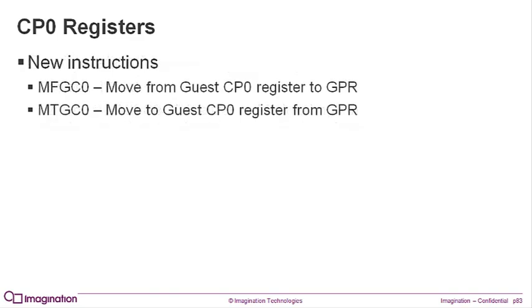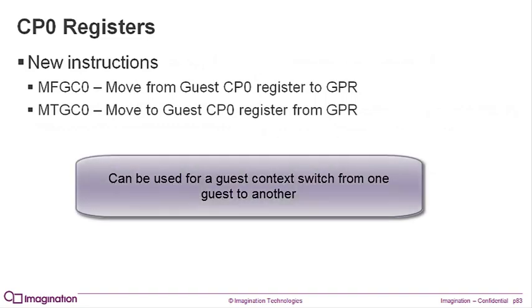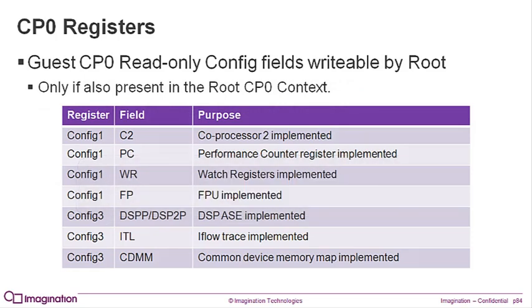There are 2 new instructions to move from and to a guest set of CP0 registers to a general purpose register. The guest CP0 context is somewhat configurable by root, in that it can be a subset of the root context.